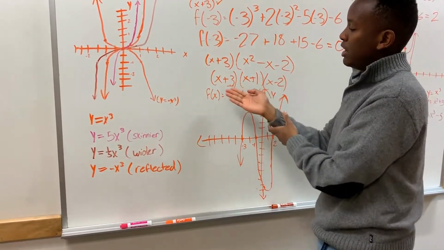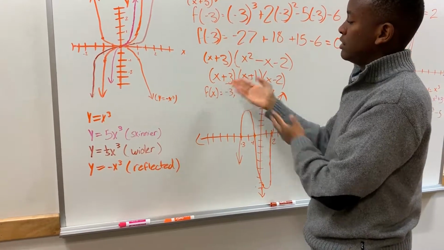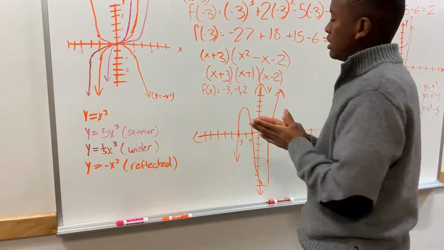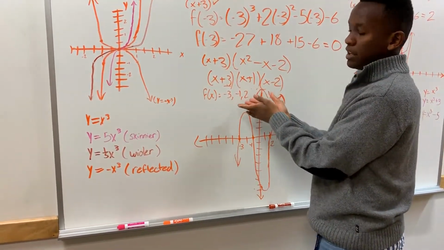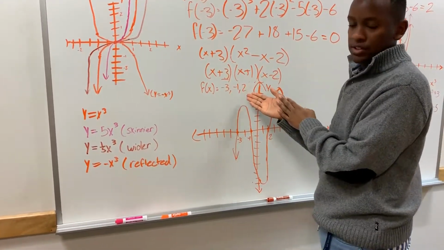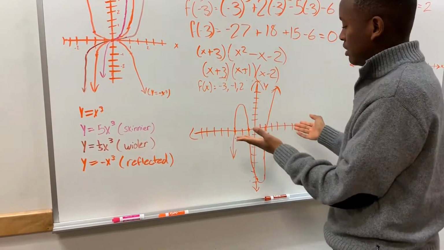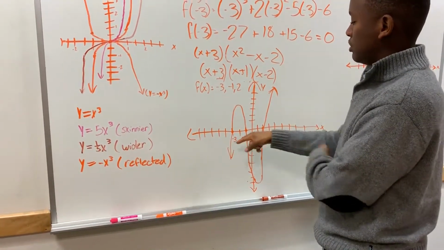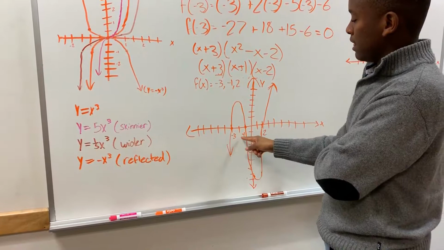You get the factors x plus 3, which is -3, x plus 1, which is -1, and x minus 2, which is +2.